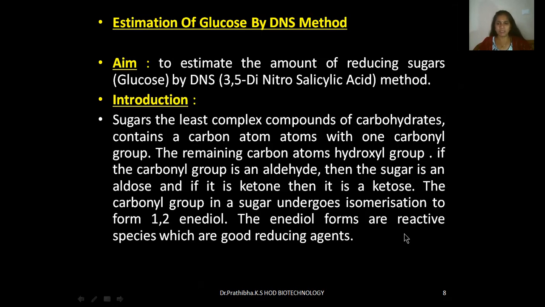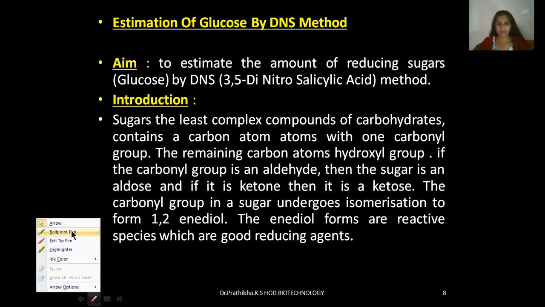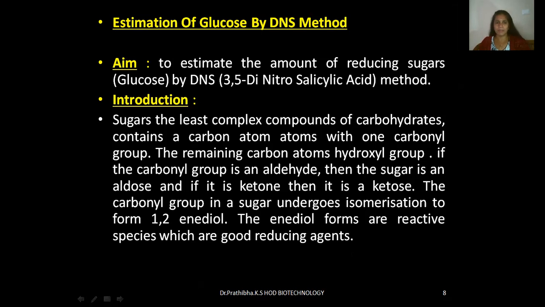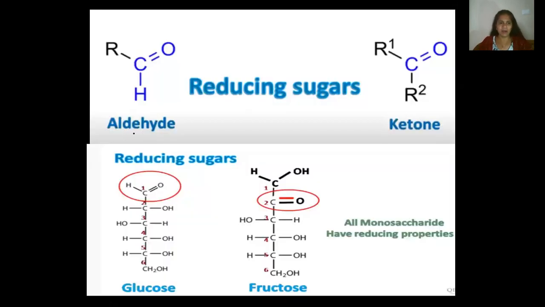The enediol forms are reactive species which are good reducing agents. Here you can see the aldehyde, and here you can see the ketone. Reducing sugars like glucose and fructose are examples of reducing sugars.